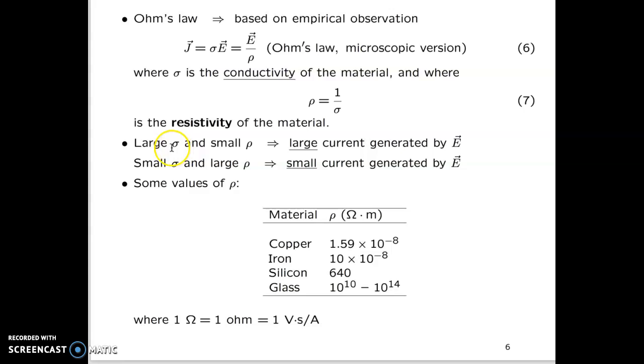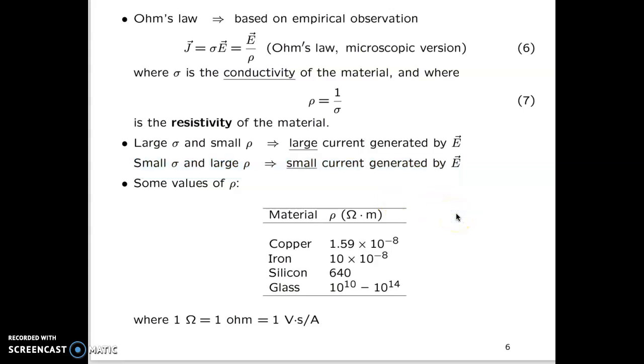So a large conductivity, a large sigma, means a small resistivity rho, and it means that a large current is going to be generated by any given electric field. Conversely, small conductivity means a large resistivity. It means that for any given electric field, you'll generate a smaller current. Okay, so that's what conductivity means.